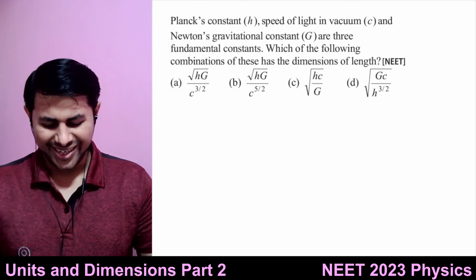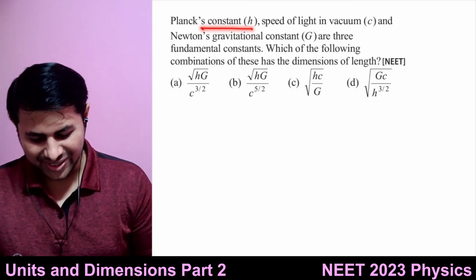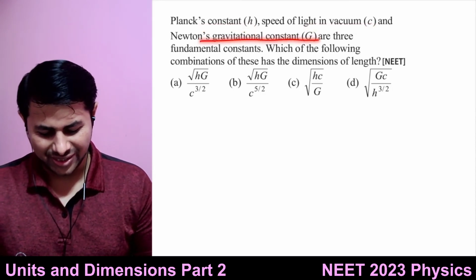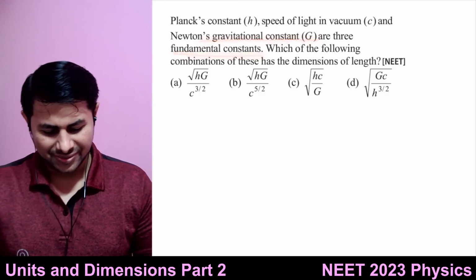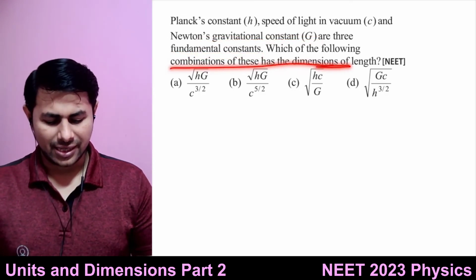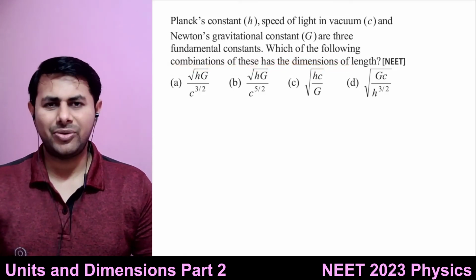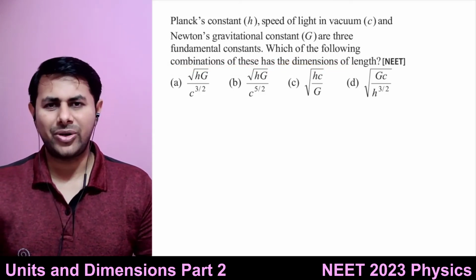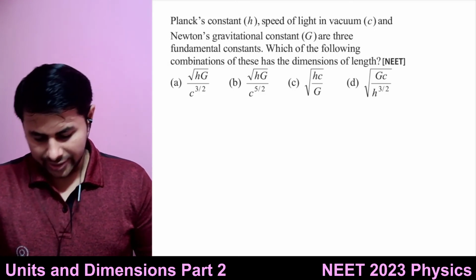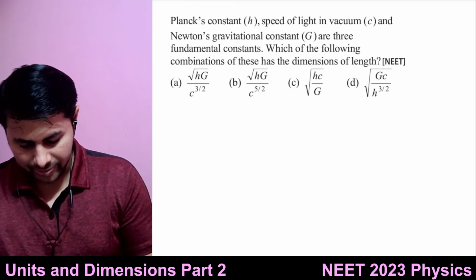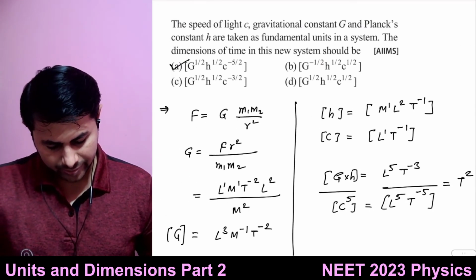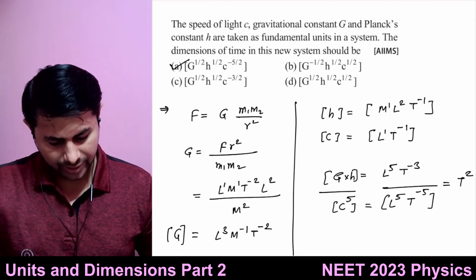Next one. Again, Planck's constant, speed of light, and Newton's gravitational constant are fundamental constants. Which of the following combinations has dimensions of length? Earlier we wanted time, now we want length. So let us copy the dimensions from the previous problem.